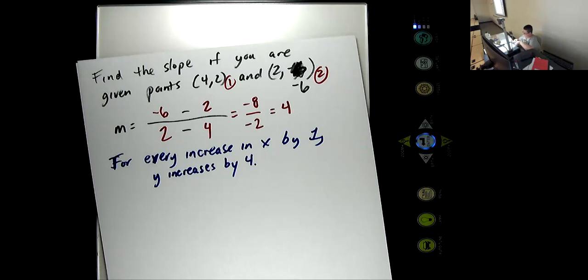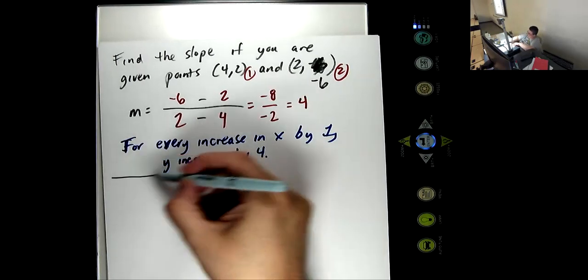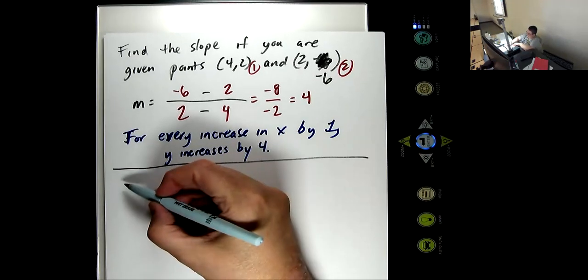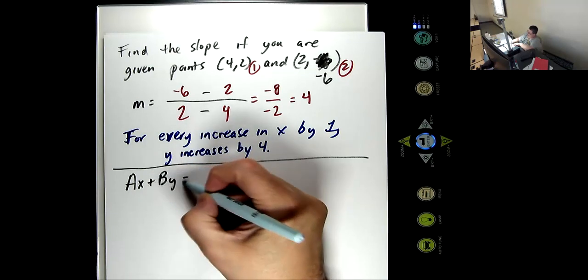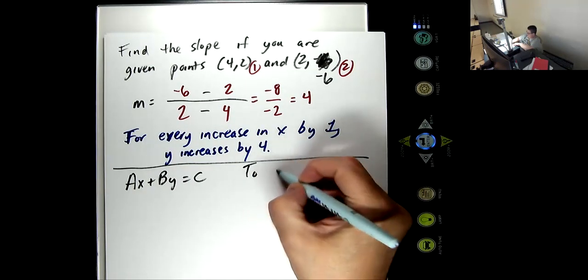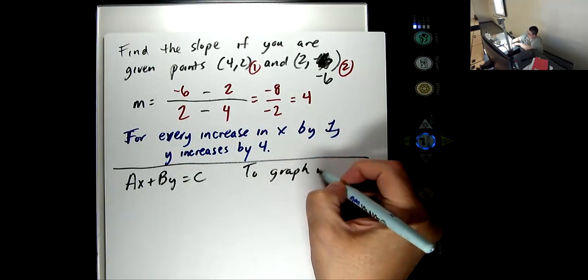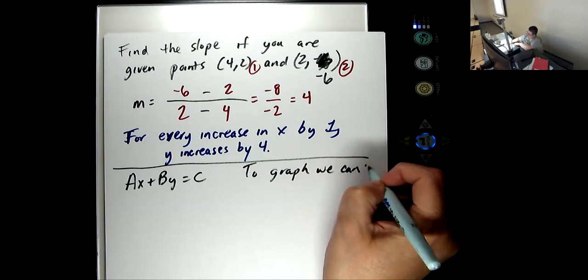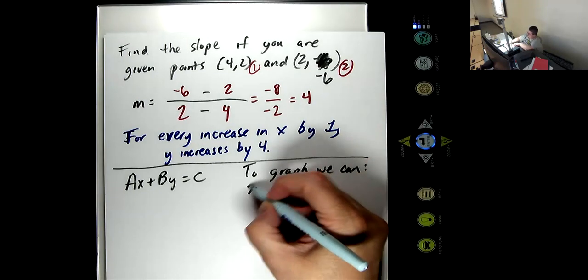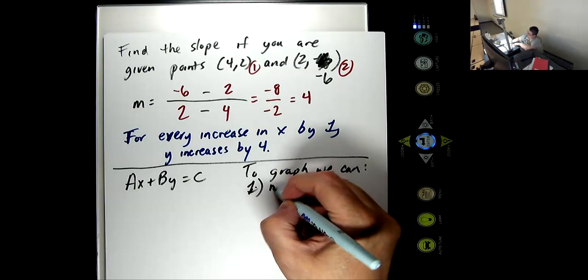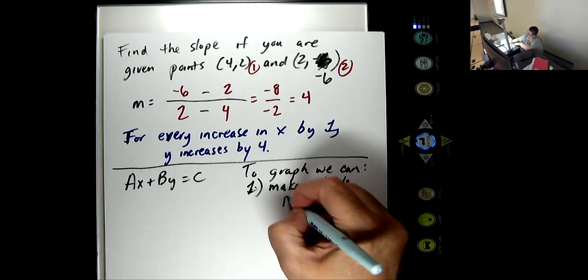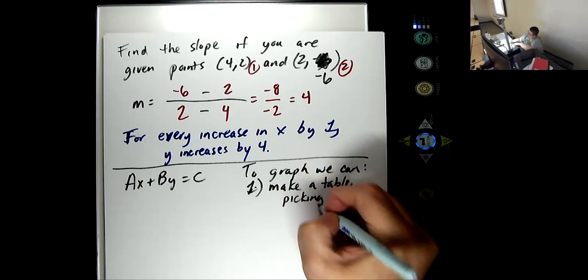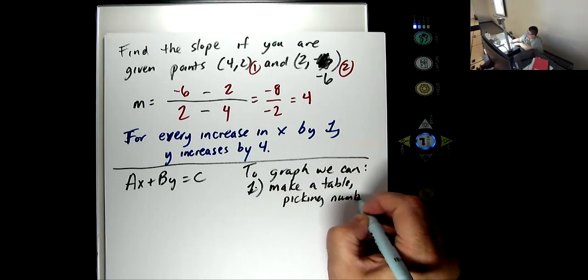As a reminder, there's a couple ways to do graphing. If you have ax plus by equals c, to graph, we can do option 1, make a table, picking numbers. This is the slowest approach.